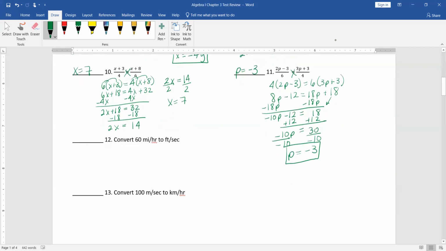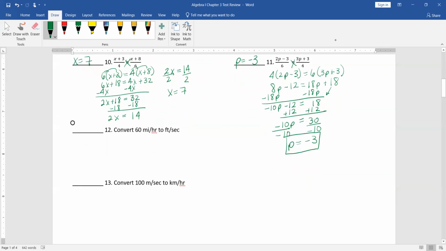Okay. All right, so let's look at some more conversions. So again, this is where we use those unit multipliers. So if you need to jot those down on the side, for example, we're converting from miles per hour to feet per second. To me, the most complicated of these two is the miles to feet.